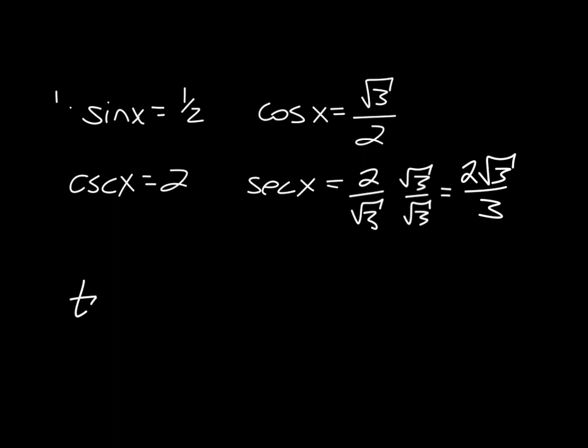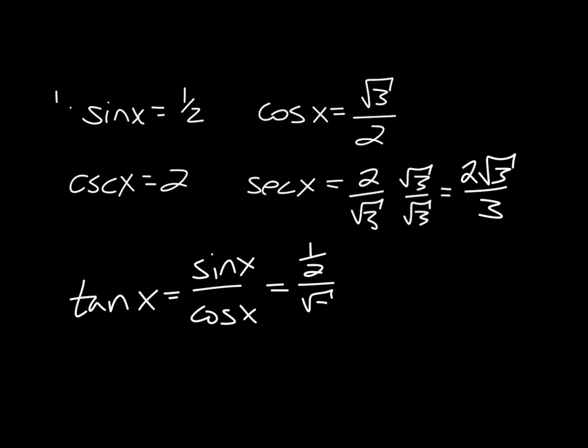But I want to look at what they're saying. So tangent is what? Sine over cosine. And so then sine over cosine, according to this problem, keep, change, flip.